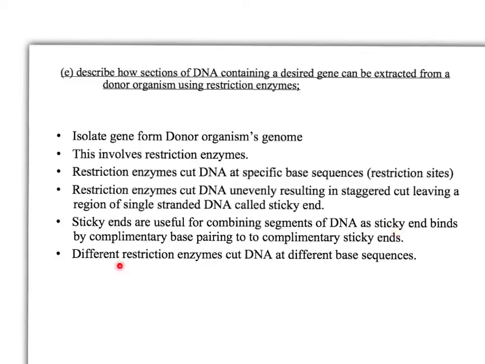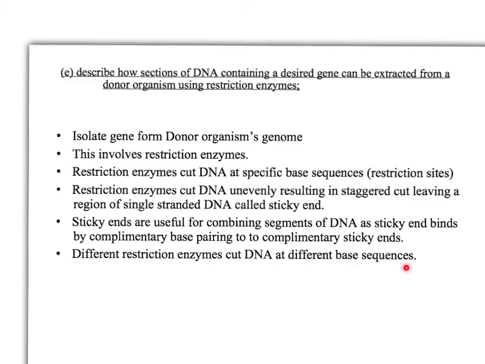And there are different types of restriction enzymes, which differ by choosing different base sequences to cut at. That can be quite important for other reasons, which we'll come to later when we talk about how we worked out the human genome. But we'll come back to that later.